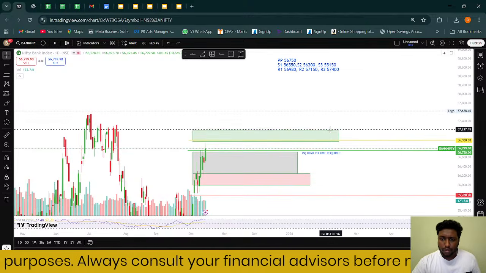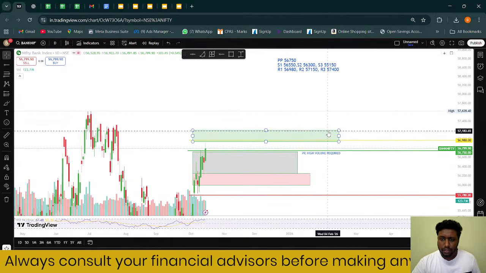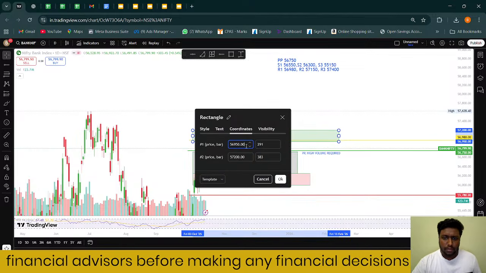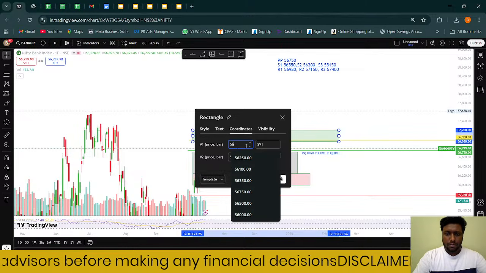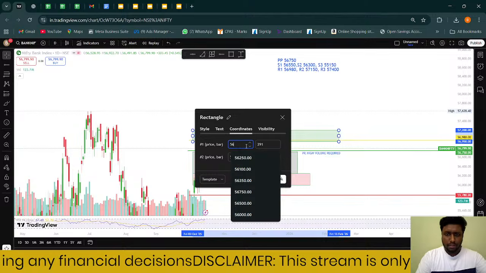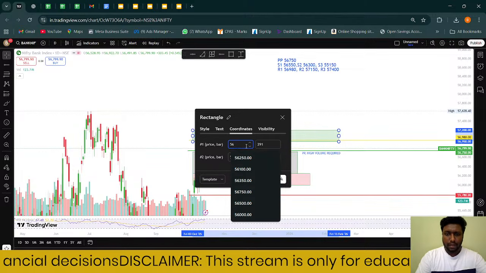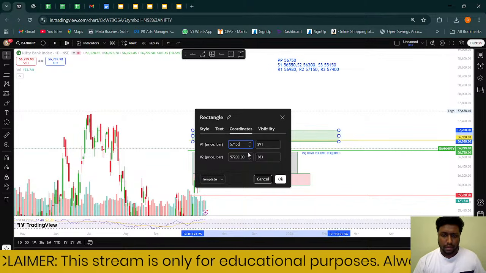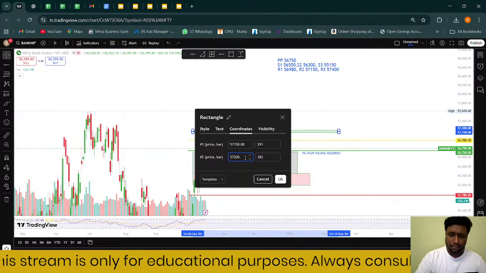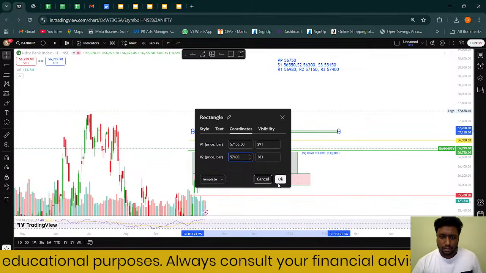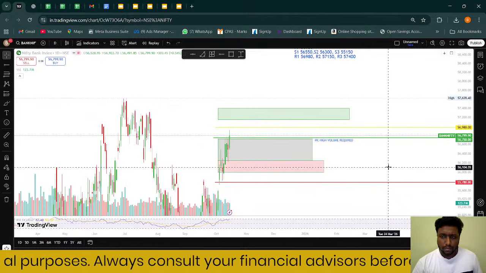So let's sort this out on the basis of bullish, range bound and bearish movements. So let's mark this out. In the bullish zone, R2 and R3 can be considered as bullish, so 57,150 and 57,400. So these are the bullish zones.